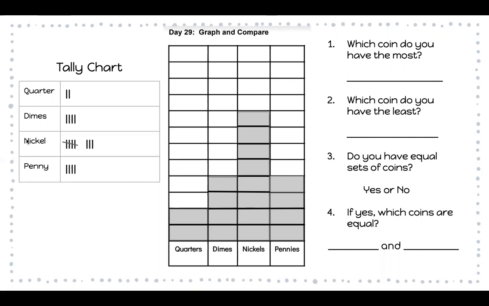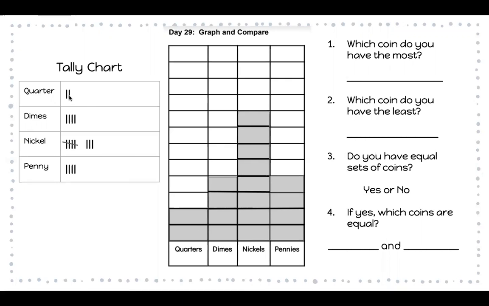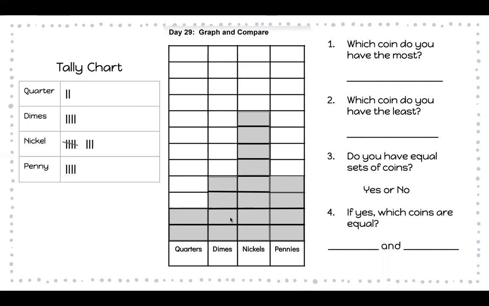Now, once I've created my tally chart, I will fill it into my graph. Each box is the same as 1 tally mark. So I have 2 quarters, which means I fill in 2 boxes. 1, 2. I have 4 dimes, so I have 4 boxes colored in. 1, 2, 3, 4.